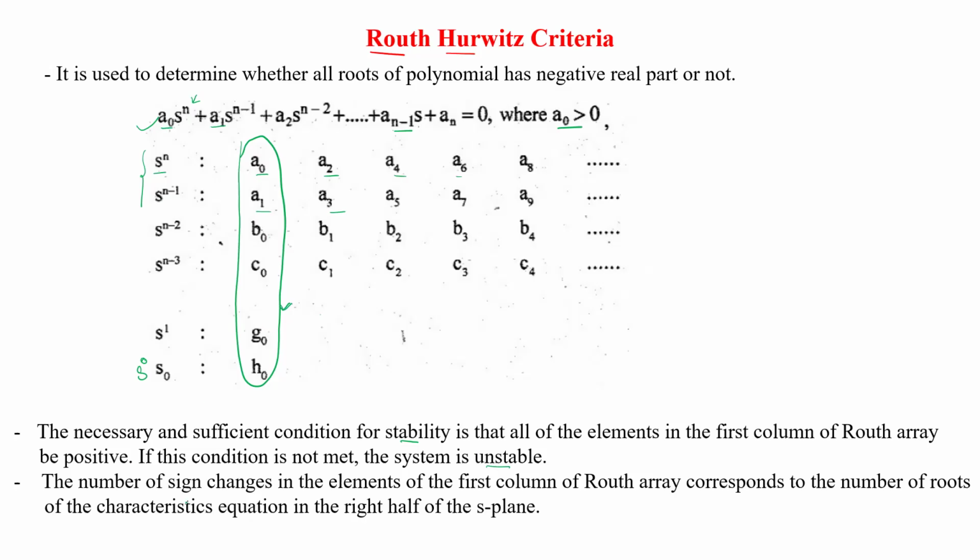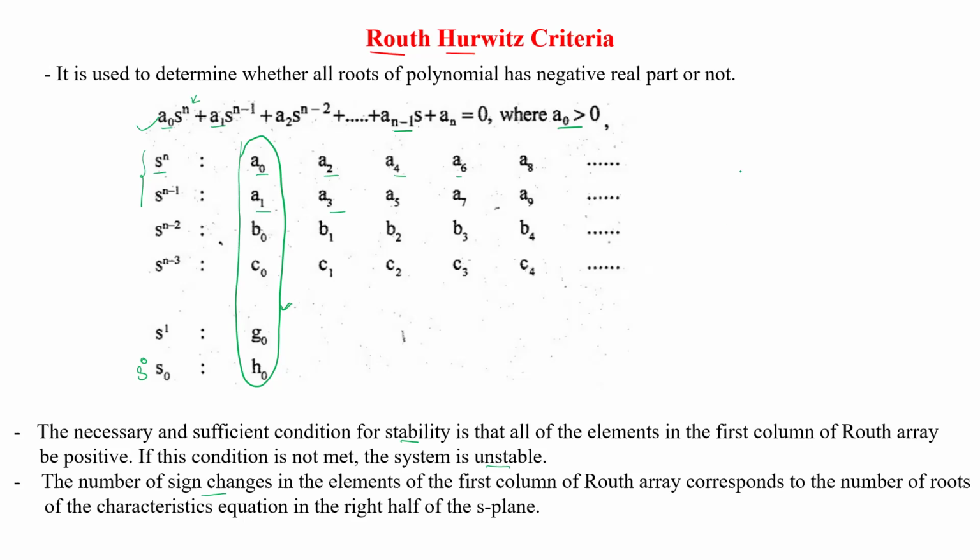Suppose the elements are not all positive; some are positive and some negative. The number of sign changes in the first column of the Routh array corresponds to the number of roots of the characteristic equation in the right half of the S plane.